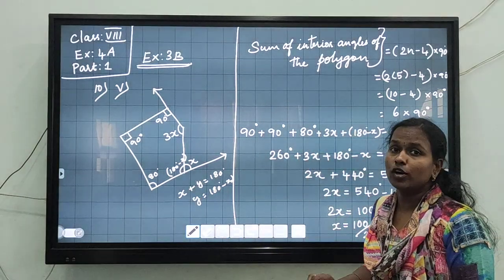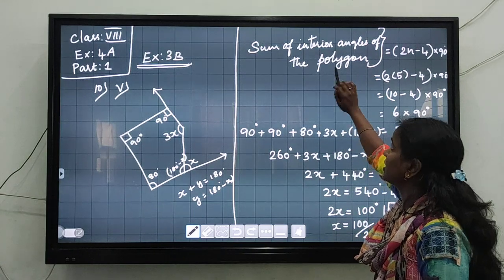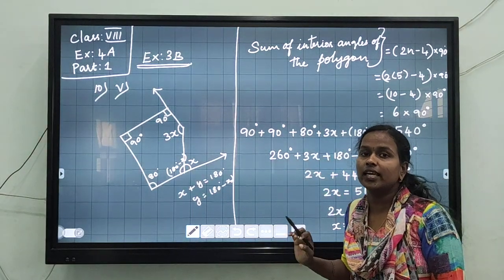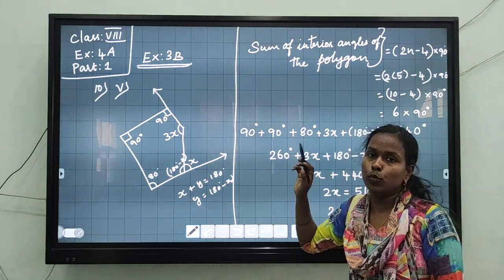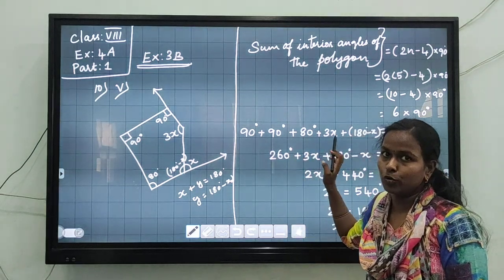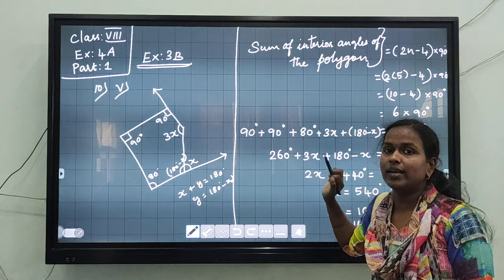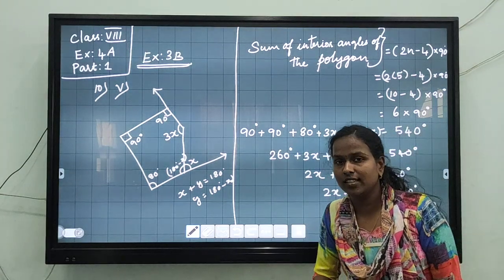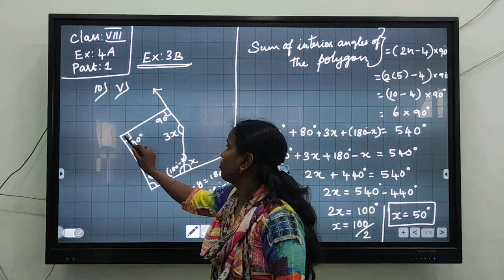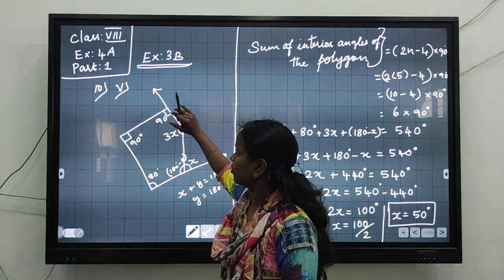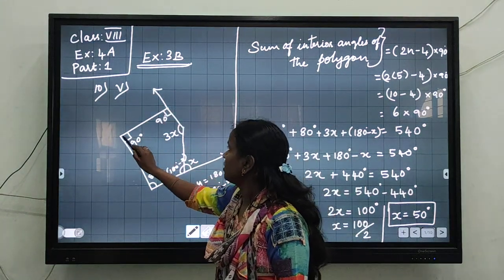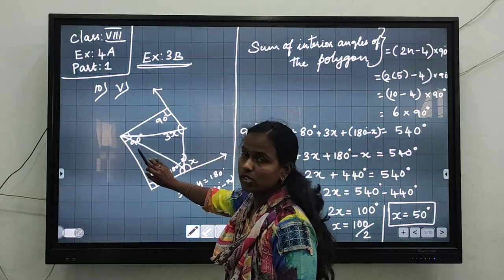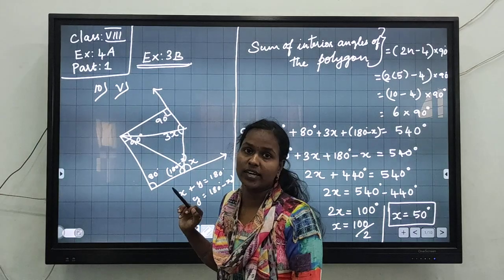Most of you are writing the sum of interior angles of a polygon as 360 degrees. That is not 360 degrees. The sum of exterior angles of a polygon is equal to 360 degrees. For the interior angles of a polygon, there are two methods. First we have to find out how many triangles are in it. If I draw one triangle here and draw one line here, that means this is one triangle, this is one triangle, this is one triangle.